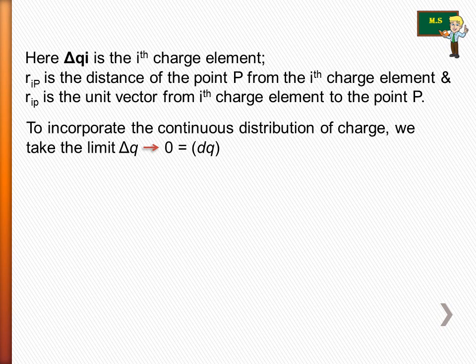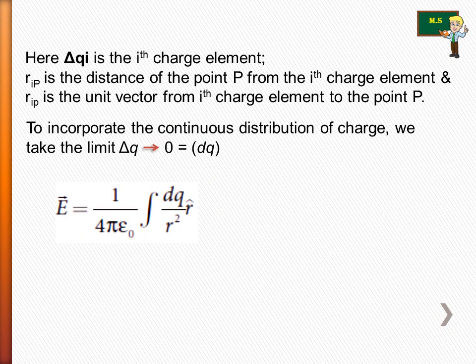Now, to incorporate the continuous distribution of charges, we take the limit del q tends to 0, that means dq. We have to take the limit of the distribution, then only we can find the value. From equation 1, we get E vector is equal to 1 by 4 pi epsilon 0 integral of dq divided by r square into r cap.